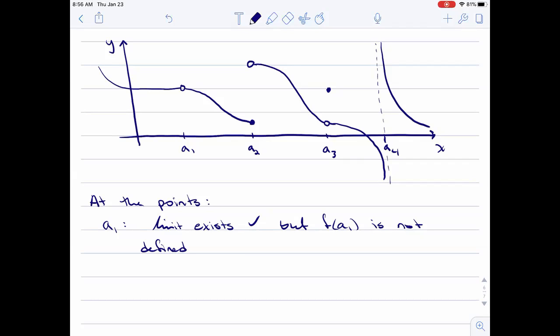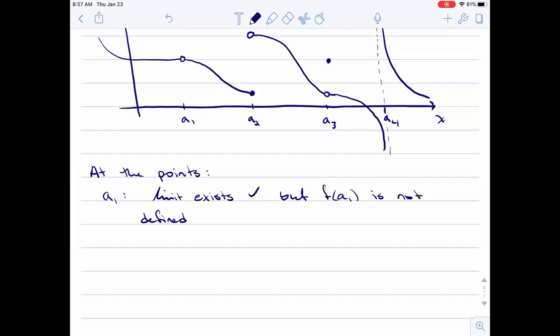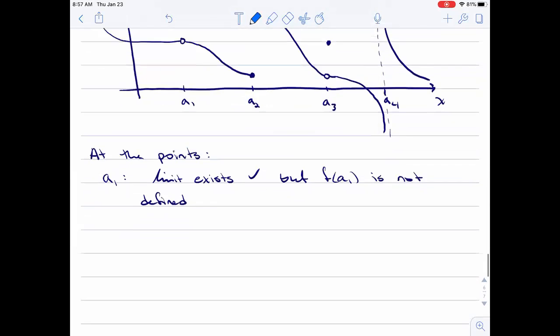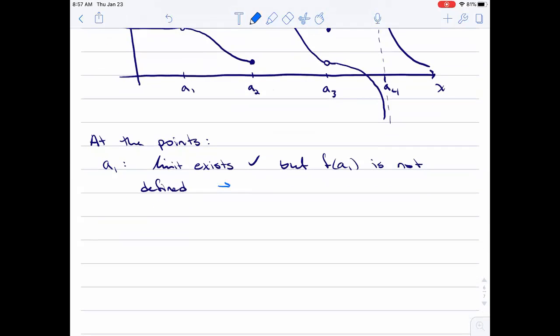The reason we call it removable is because we could easily remove this discontinuity, right? It doesn't need to be there by just connecting the line, right? And so we call it a removable discontinuity.